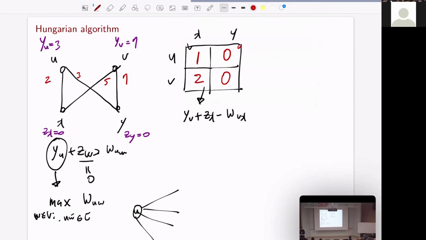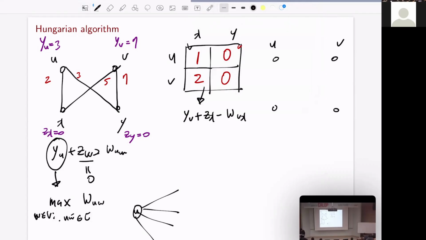Okay. So again, the idea behind the Hungarian algorithm is that we can use the edges with 0 values. That's the edges satisfying the constraint with equality. Now what you do is you draw the equality subgraph.